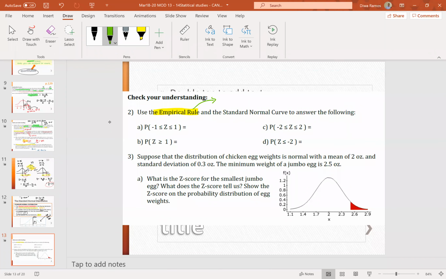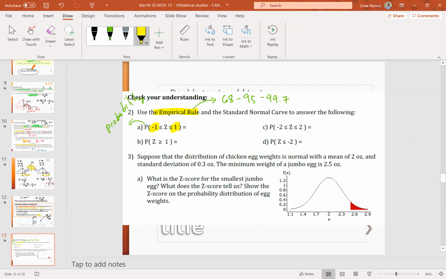First, this is 68, 95, 99.7. What is the probability, that's the P there, or the area under the curve between z equals -1 and z equals 1.